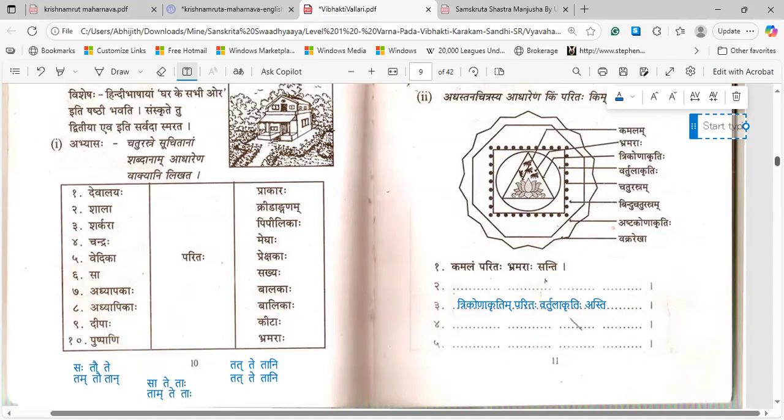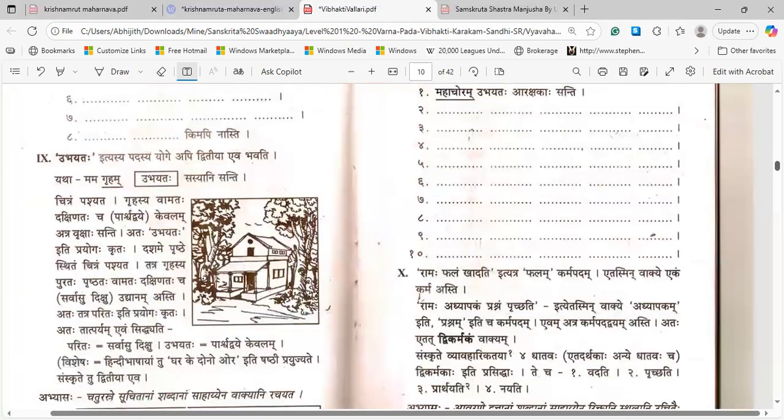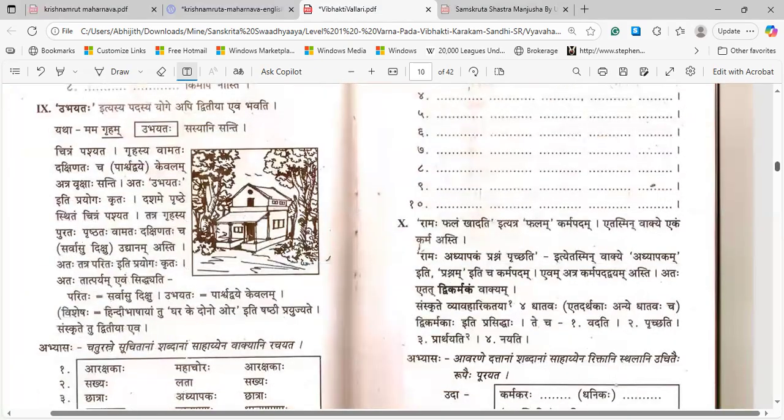Okay. Next exercise, we are going to use one more use of Dvitiya Vibhakti. That is Ubhayataha. Difference is very simple. Paritaha means to surround all the directions. Ubhayataha is only two directions. That is Vamataha and then Dakshinataha, front and back, or we can take it as right and left.